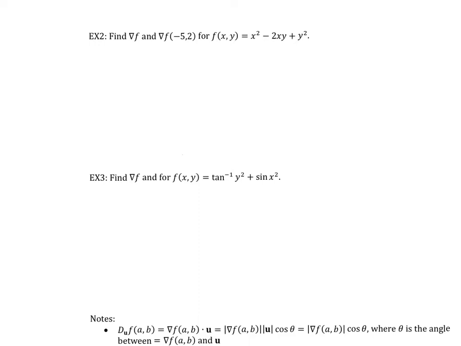Our gradient vector, and here it's nice to put in the variable x, y, would be partial with respect to x, 2x minus 2y, partial with respect to y, negative 2x plus 2y. Now if we evaluate our gradient vector at the point -5, 2, we'll still get a vector, and it's going to be the vector -14, +14. And it's as simple as that.